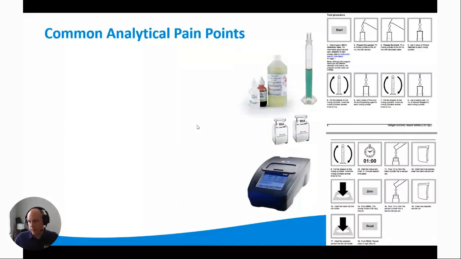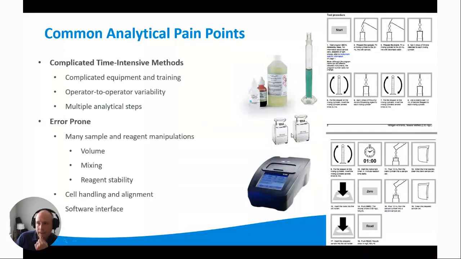So I want to discuss some of the common analytical pain points associated with this kind of measurement. First off, this can be complicated and time intensive. I don't know if you all have run this before, but there are quite a number of steps here highlighted that I'm just going to walk through briefly that makes this test take a lot more time than you would think it would take.